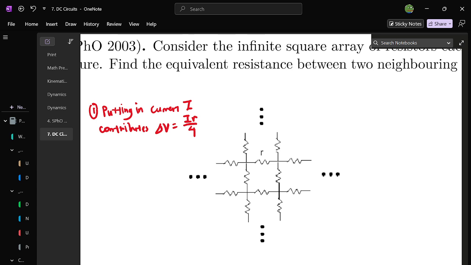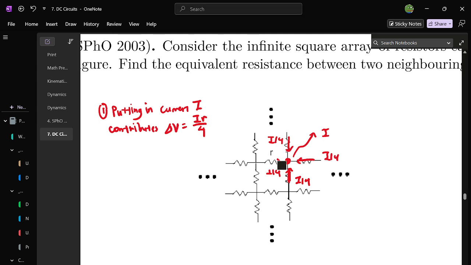Now let's look at another scenario that's quite similar. Let's consider this adjacent point, but now we remove a current I from it. And by the same logic, because the grid is infinite, a current of I over 4 must be coming from each of the adjacent points in this way.